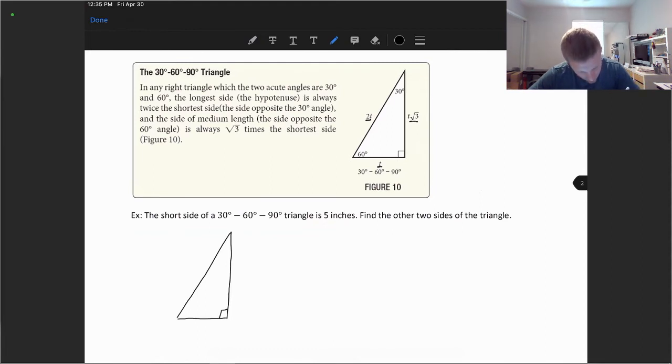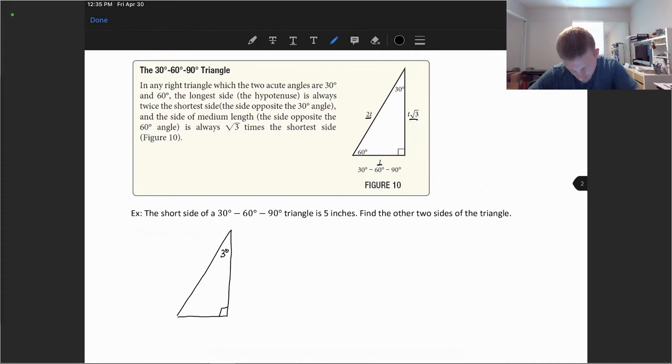So I have my 30, 60, 90 triangle, and I'm given that the short side of the triangle is 5 inches.